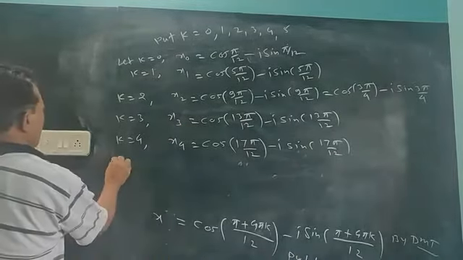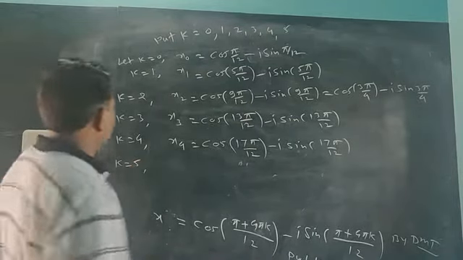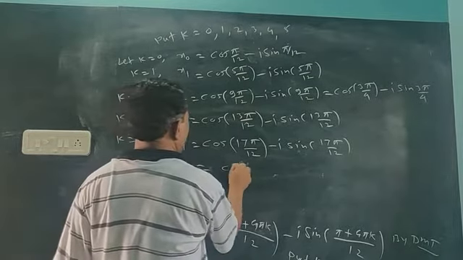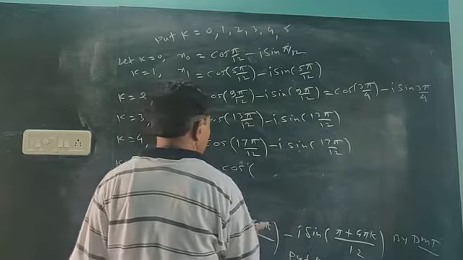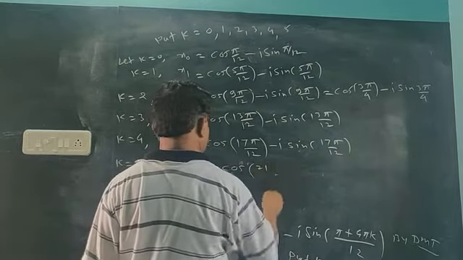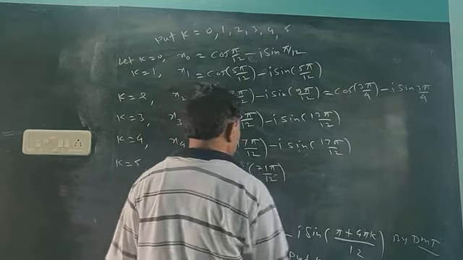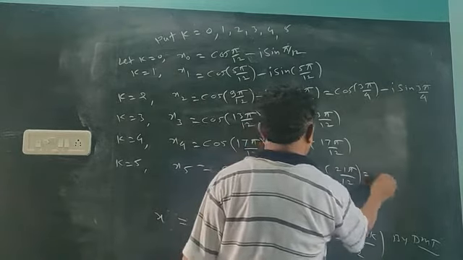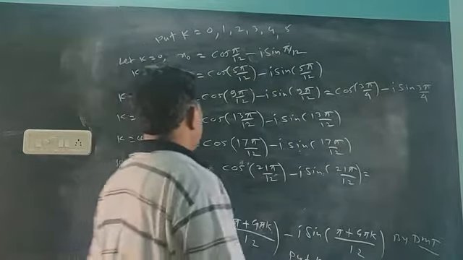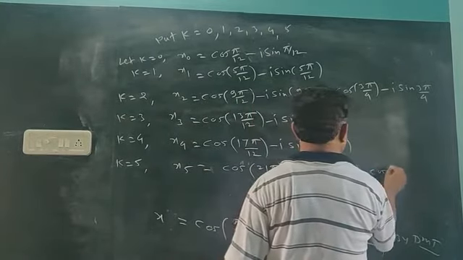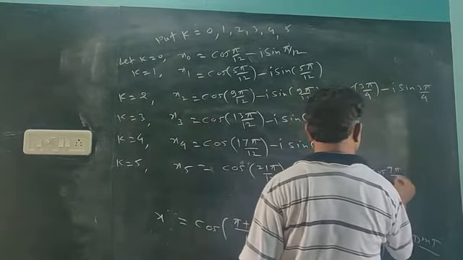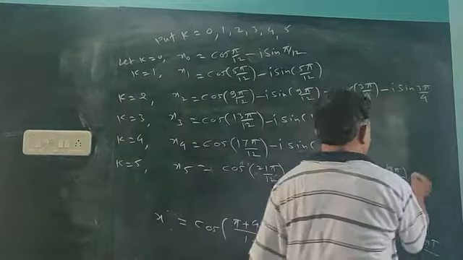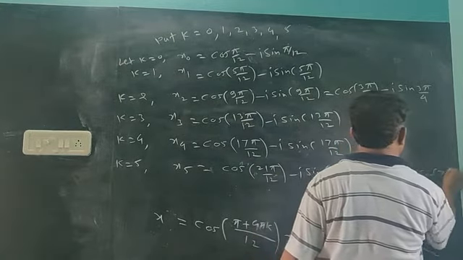And last, k is 5, x5: 20 plus 1, 21 pi by 12 minus I sin 21 pi by 12. This is the same as cos of 7 pi by 4, 3 into 7, 3 into 4, minus I sin 7 pi by 4.